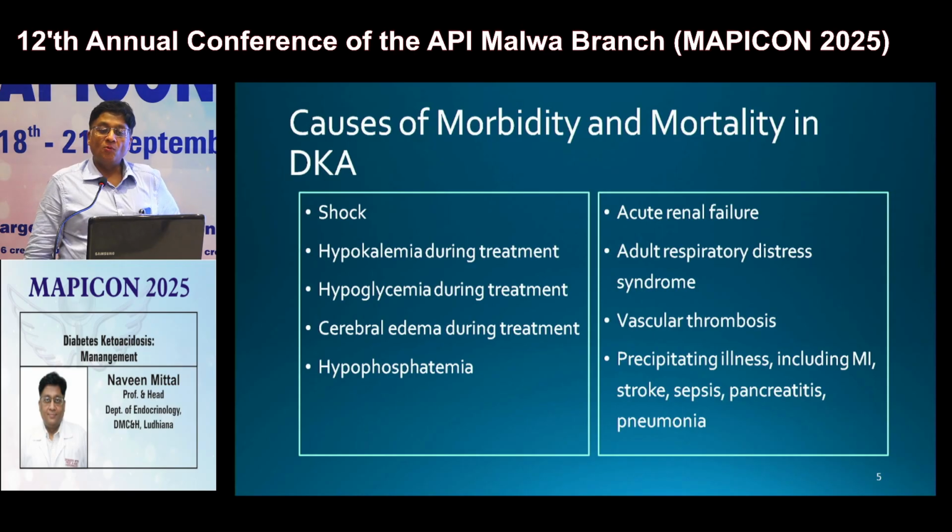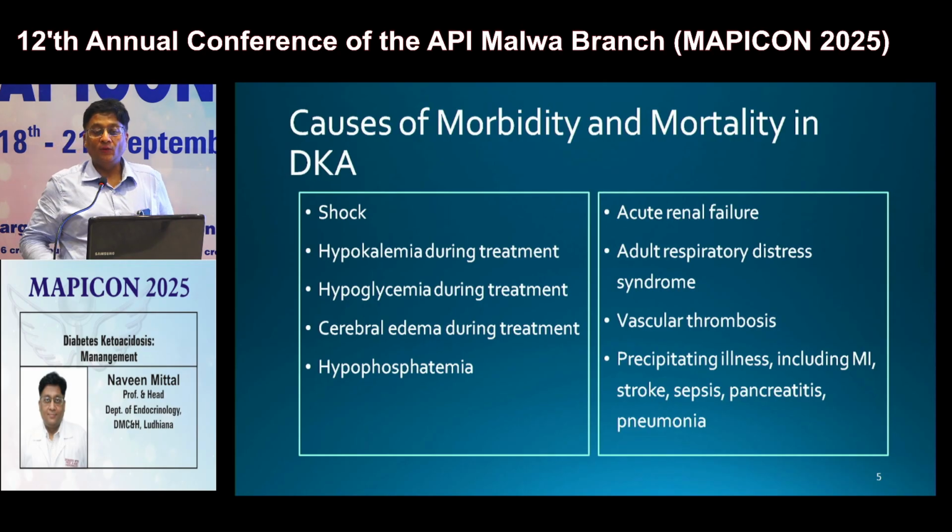What are the causes of morbidity and mortality in diabetes ketoacidosis? First, you have to look for the precipitating illness: myocardial infarction, stroke, sepsis, pancreatitis and pneumonia. Because if you don't take care of these things, these might take the patient away.